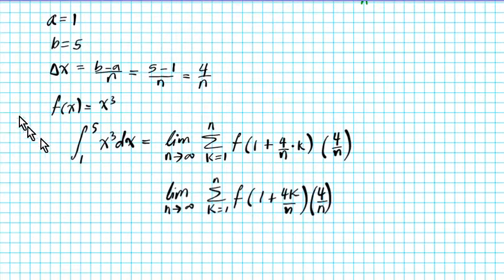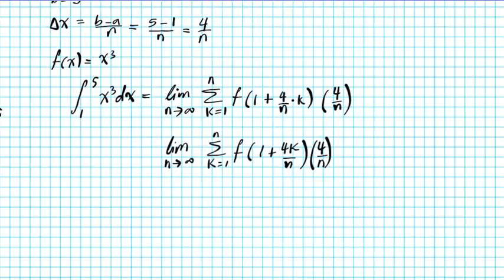Now to finish this off, the function that we're evaluating is x to the third, so we evaluate x to the third at 1 plus 4k over n.